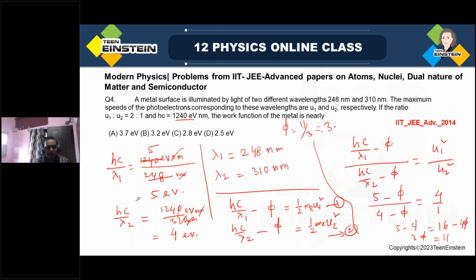So it is nearly 3.7 electron volt. So this is the answer.